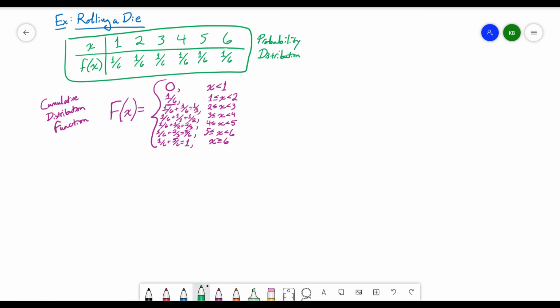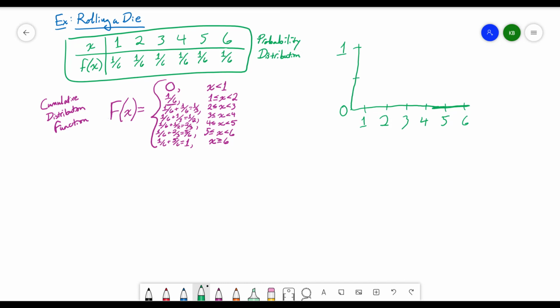So one of the things that we like to do with these is plot them so that we can see on a graph what's happening. So on my first, I have values of 1, 2, 3, 4, 5, and 6. And the probability is somewhere between 0 and 1.